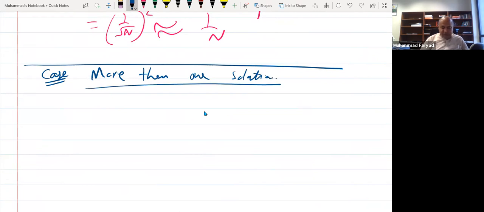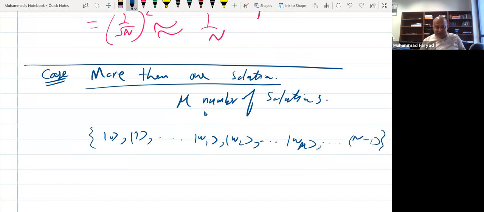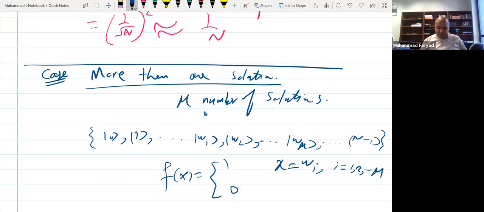Suppose there are mu number of solutions, which means that in this search space, there may be W1, W2, all the way to W mu solutions that satisfy the criterion that f of x is equal to 1 when x is equal to wi, where i goes from 1 to mu, and it is 0 when x is not equal to any of these wi.